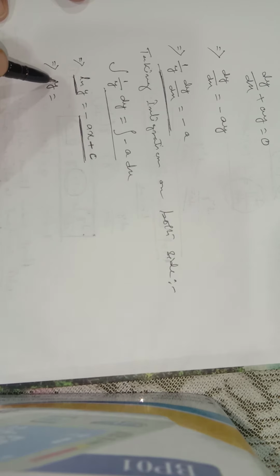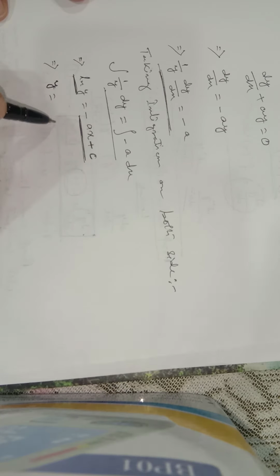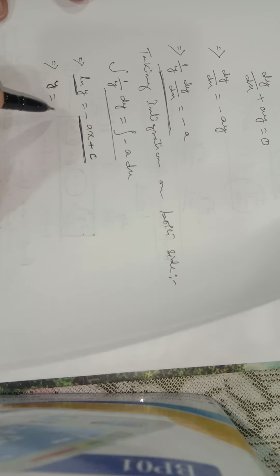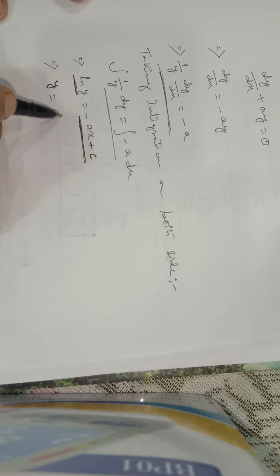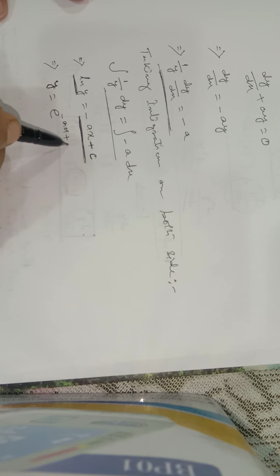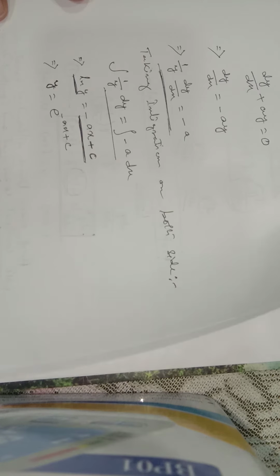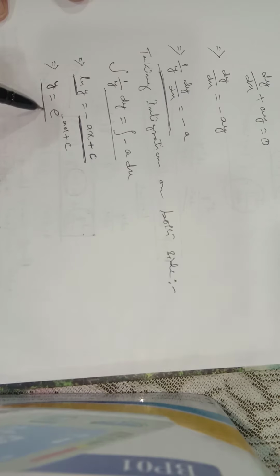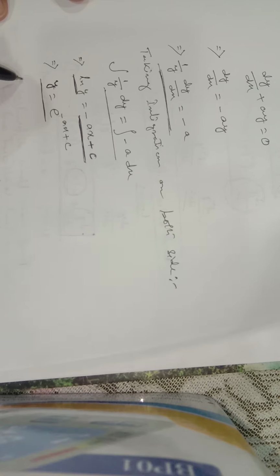Now if we remove that log of y, the right hand side takes the exponential function, simply e to the power minus ax plus c. So ultimately we get y is equal to e to the power minus ax plus c.